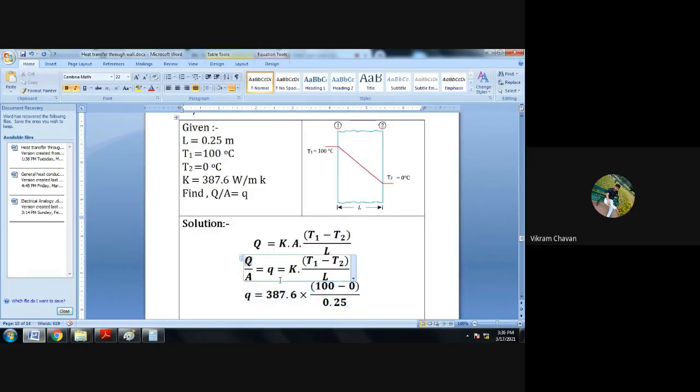So q is equal to 387.6 multiplied by T1, which is 100 degrees Celsius, minus T2, which is 0 degrees Celsius, and the thickness of the slab L is 0.25 meter. Calculate the small q, that is the net heat flux.